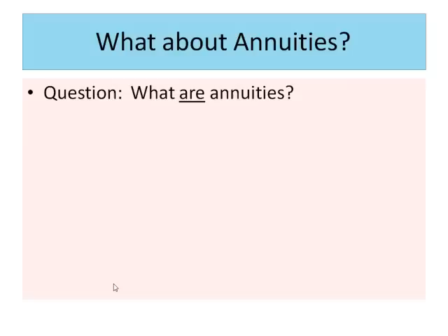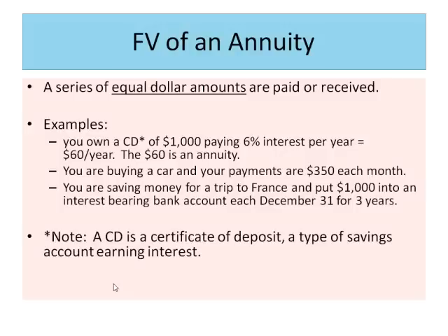Annuities. What in the world are annuities? What do you guys think of when you think of an annuity? Maybe you haven't heard that term before. It's a set of, they have to be exactly equal dollar amounts that are paid out or received.